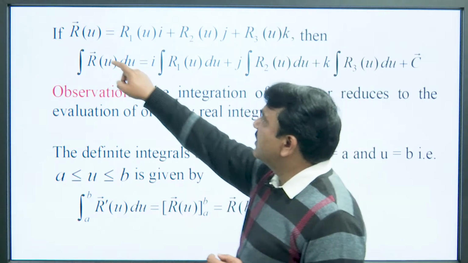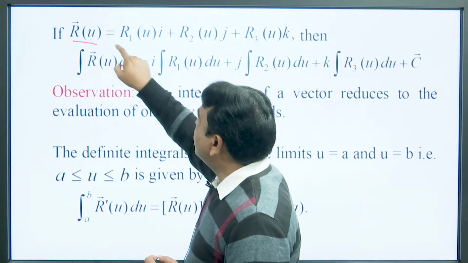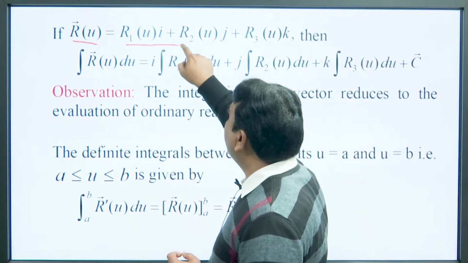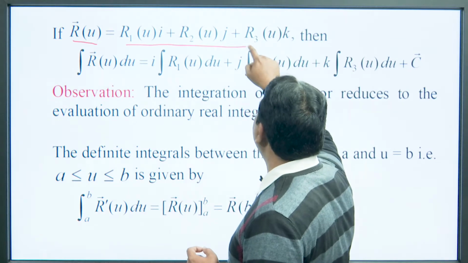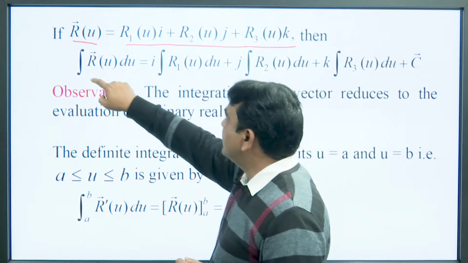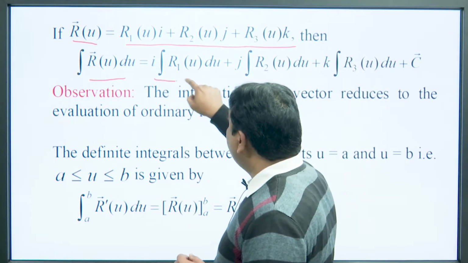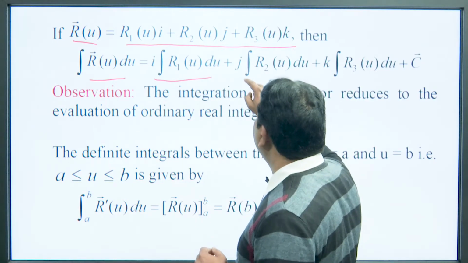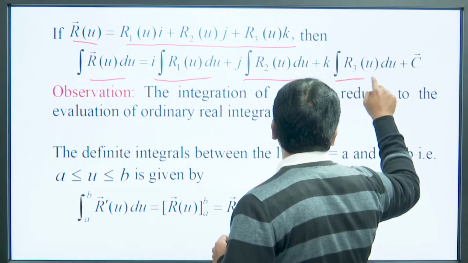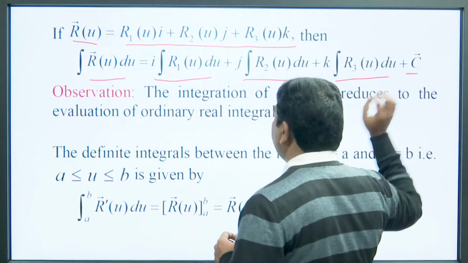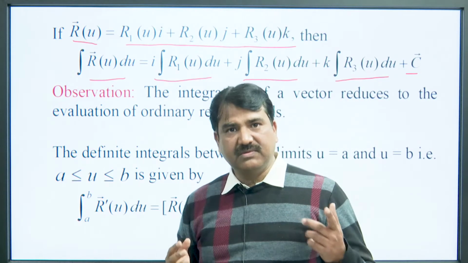And if we take vector r in components form, that is r 1 i plus r 2 j plus r 3 k, then its integral becomes i integral r 1 with respect to u plus j integral r 2 with respect to u plus k integral r 3 with respect to u plus a constant vector c, which is independent of u.